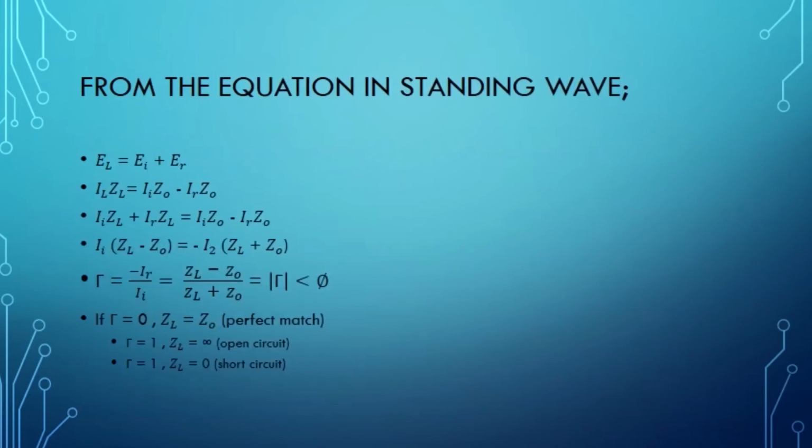From the standing wave equation, you can see here that the reflection coefficient can be positive or negative depending on the phase. If the load is infinite, then the coefficient of reflection is equal to 1, it is open, and if it is 0, it is short.